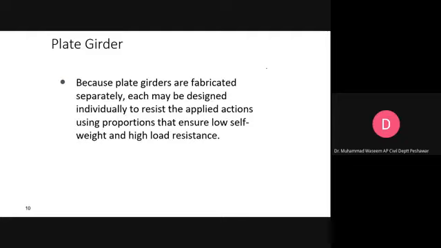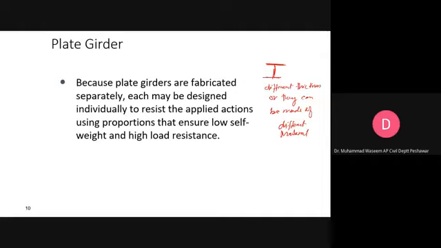It says that if there is a demand, these flanges and these webs can be of different thicknesses, or they can be made of different materials. I'm talking about the web and flanges.